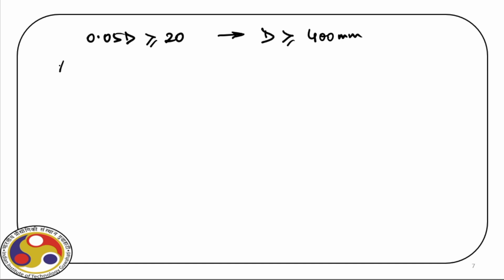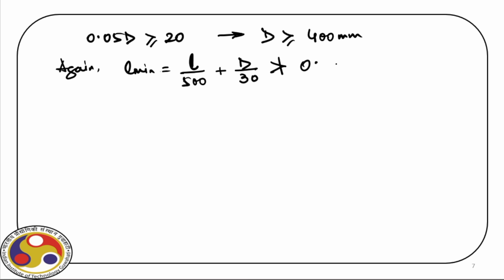Again, what we have is E minimum equal to L by 500 plus D by 30, following this relation.